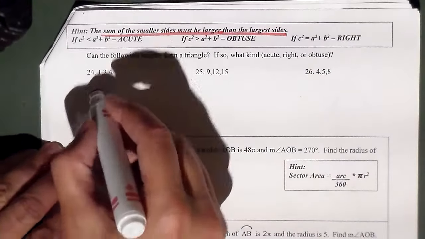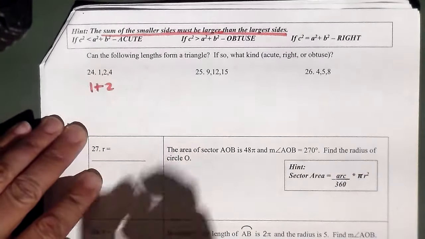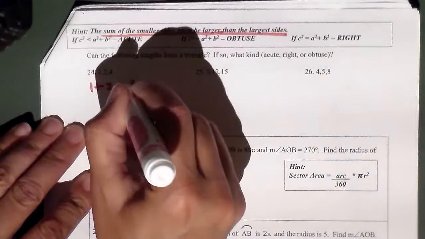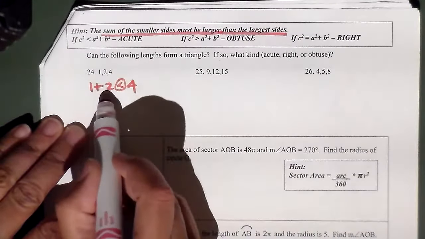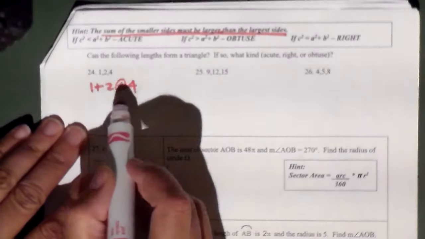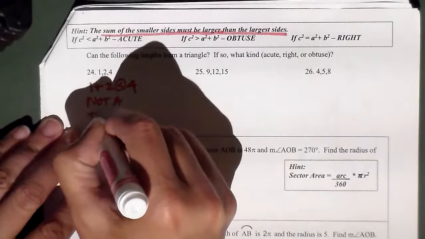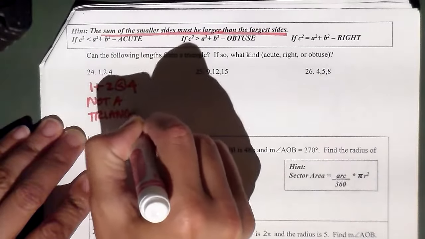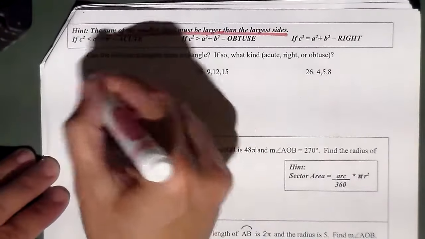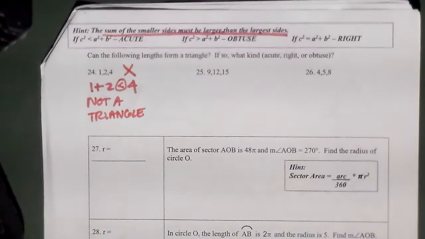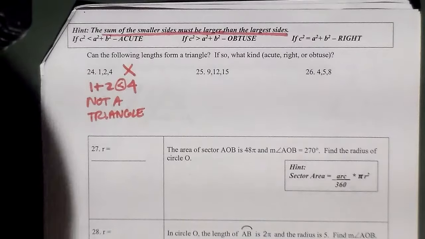So I'm going to take the two smaller sides, 1 plus 2, and I'm going to compare it to the largest side. Well, we've got a problem here. The sum of the two smaller ones is not larger, so this is not a triangle. Remember, the two smaller sides have to add up to something larger, not equal to, not less than, larger than the opposite side.